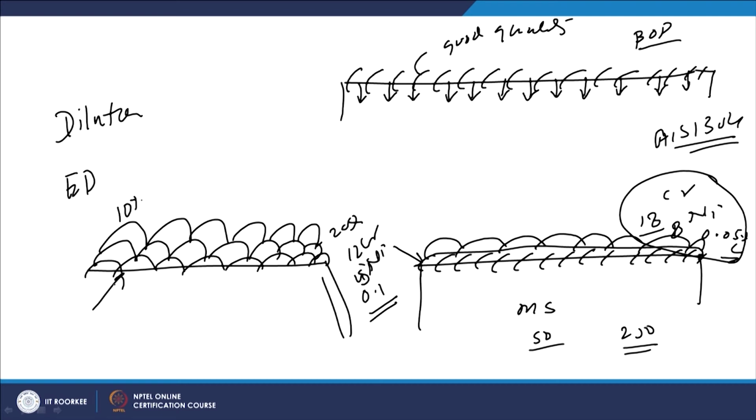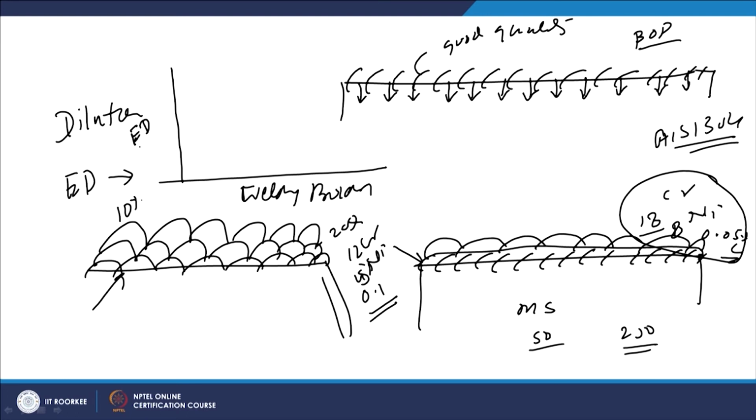Energy density is another important factor. Energy density of the different welding processes is different. Here we have the welding processes on the x axis, just to understand, and energy density in watt per mm square on the y axis.